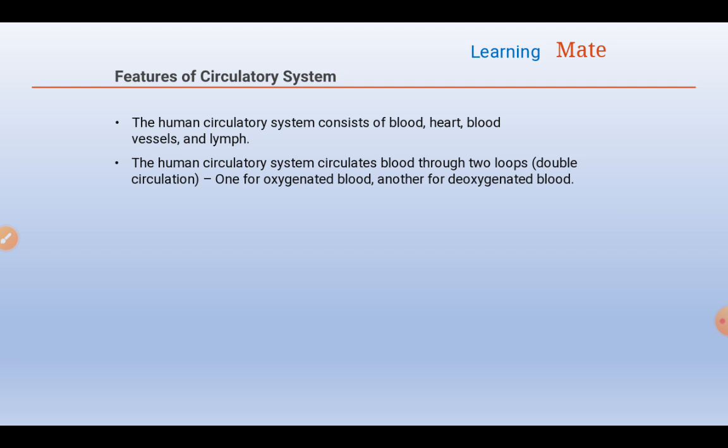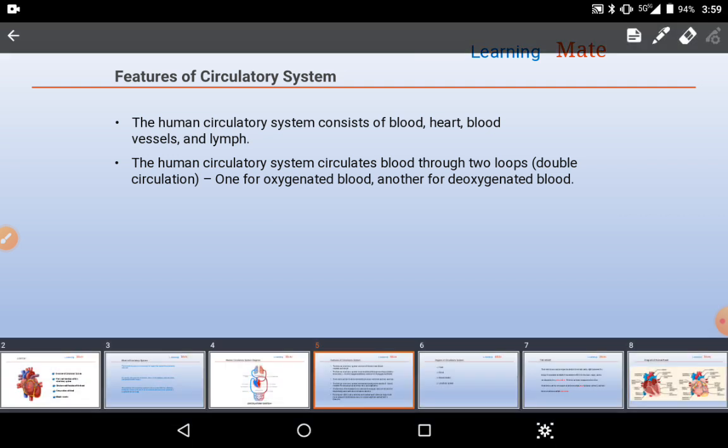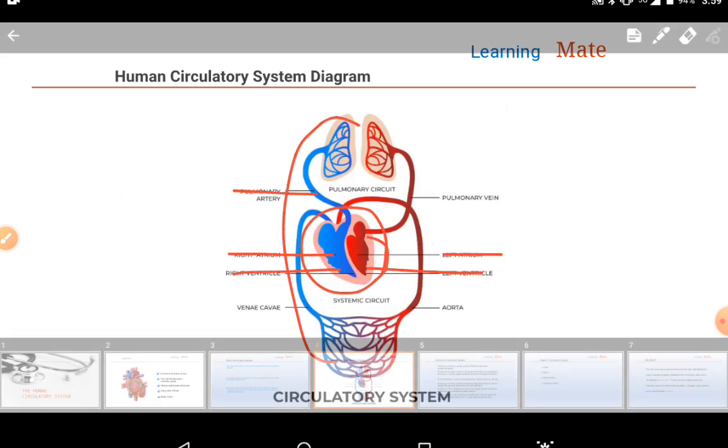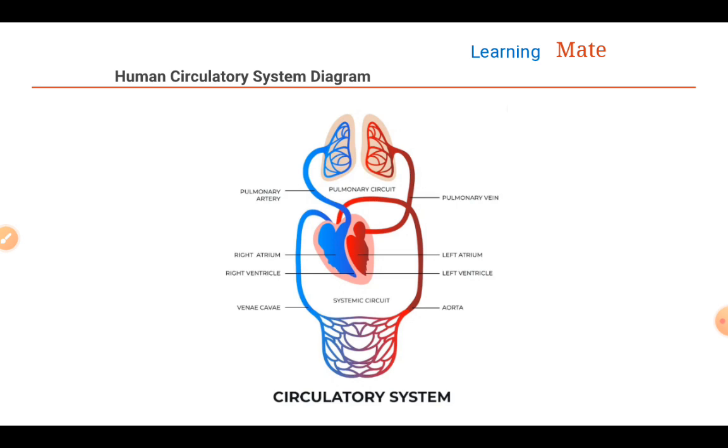One is for oxygenated blood, the red part of the diagram, and the other is for deoxygenated blood. The blue part of the diagram means deoxygenated blood.